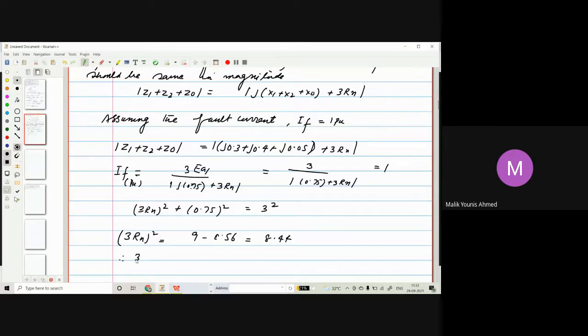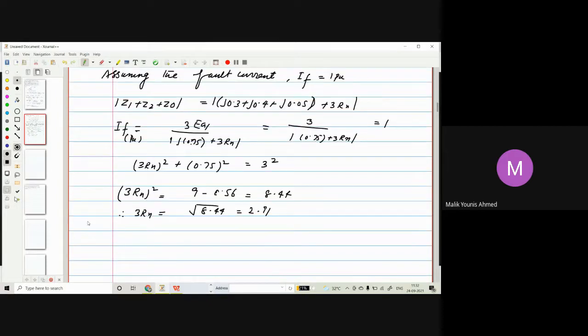Therefore 3Rn will be equal to the square root of 8.44, which is 2.91. So Rn value finally will be 2.91 divided by 3, and that value will be 0.97 per unit.